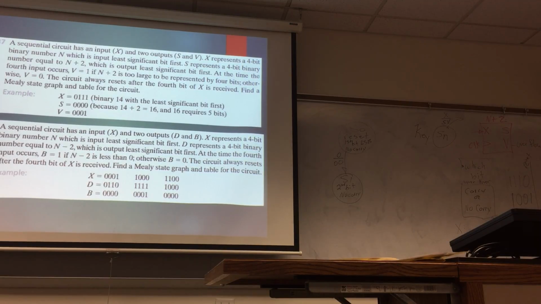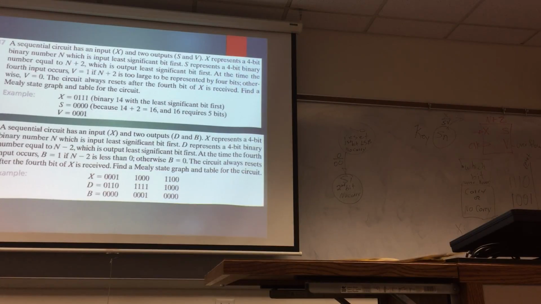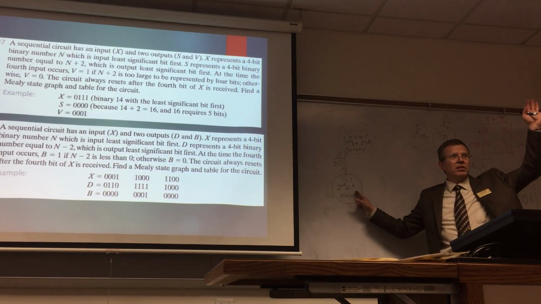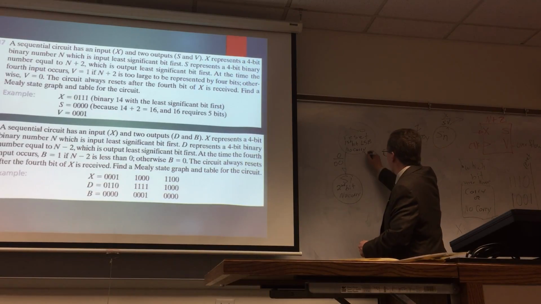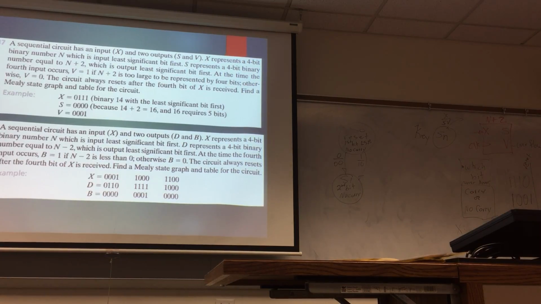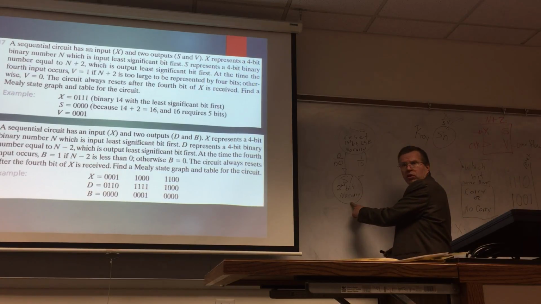What do you think? Goes to state 1. Can we reuse state 1? How many people think we can go here? We can. Because it's a Mealy machine, we can just go ahead and output that sum right now. But notice that the state wouldn't change. I would still be second bit no carry, right? So it could go here.